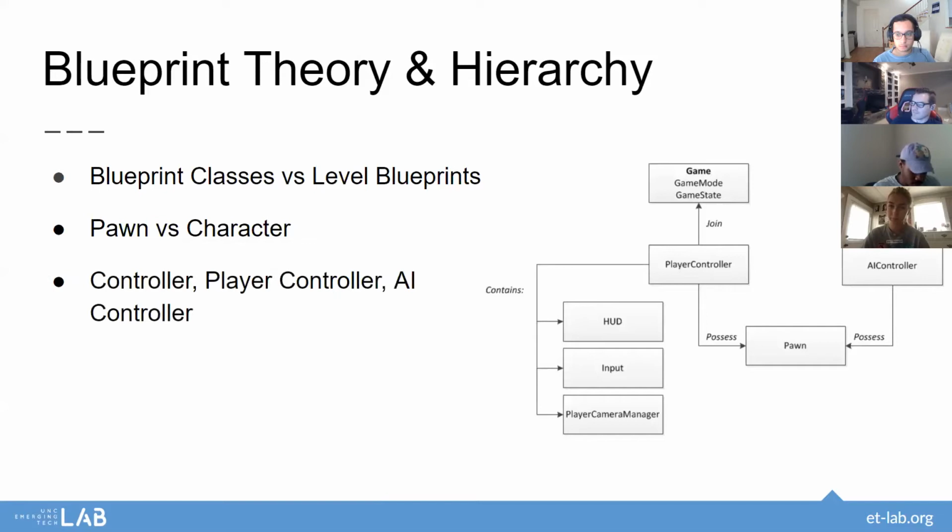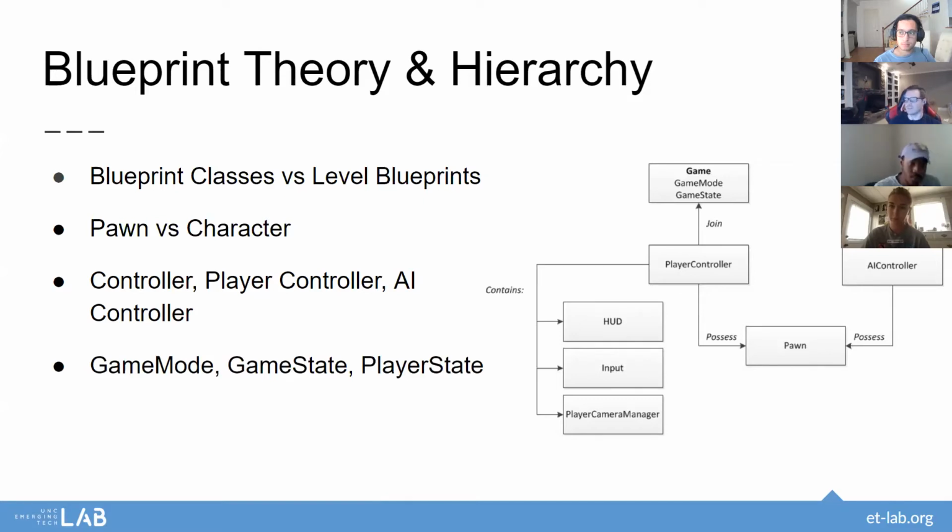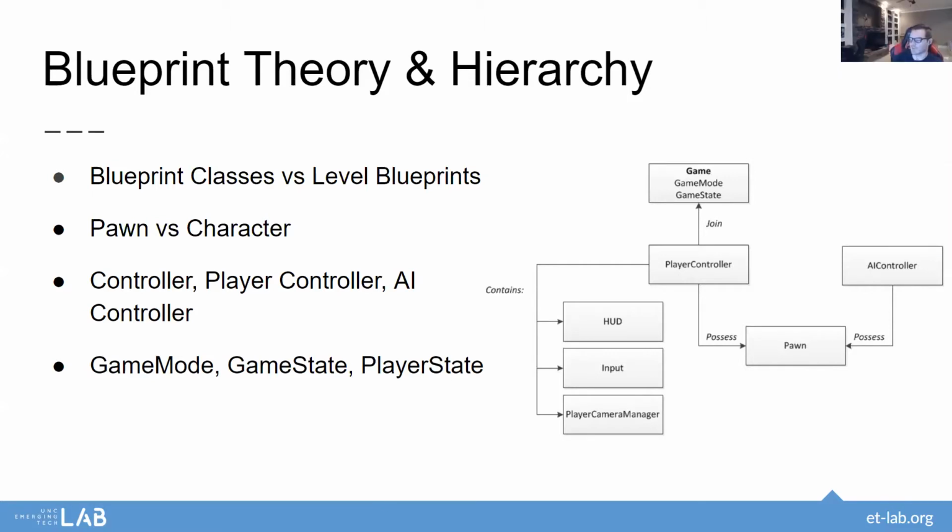But to get started with the theory, I think one of the questions that was asked before was, what's the difference between blueprint classes or actor blueprints versus level blueprints? And Daniel answered this a little bit previously, but to explain further, the really nice thing about blueprint classes or actors is that they can be instanced.